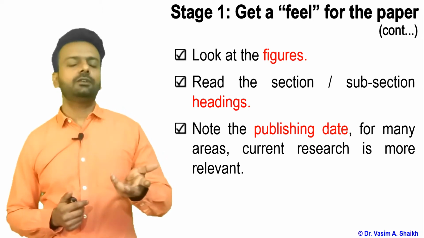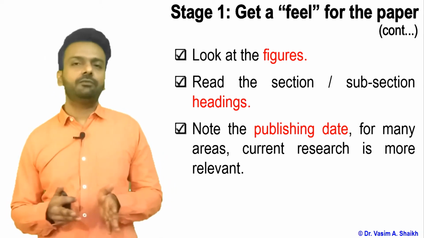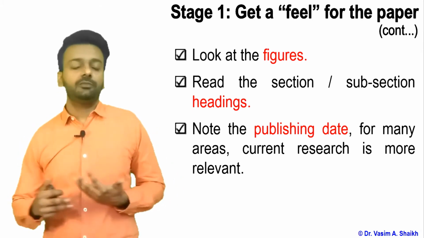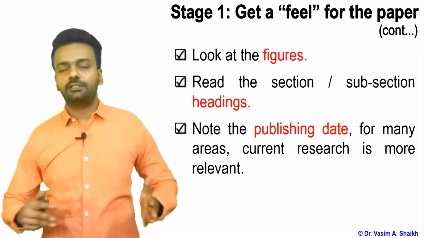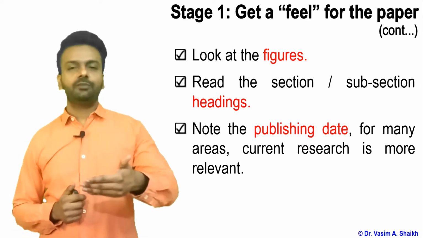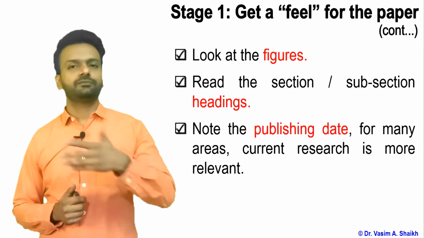Maybe one or two I can do, but suppose 5 to 10% I can keep older papers, and the rest 90 to 95% of the papers should be very recent when we are doing any literature review or survey. So we should also look at the publishing date. If it is very old, just leave it.